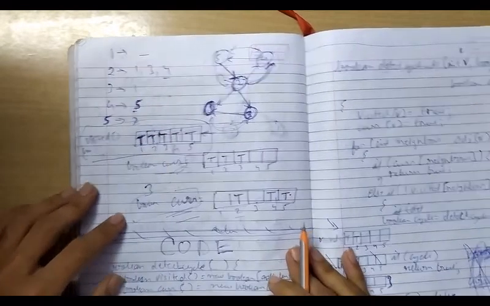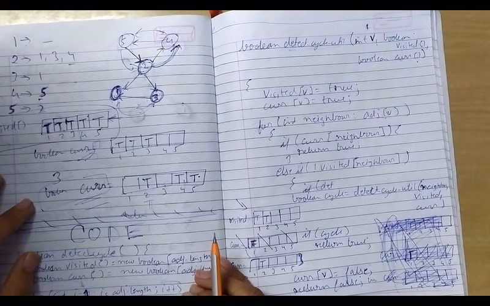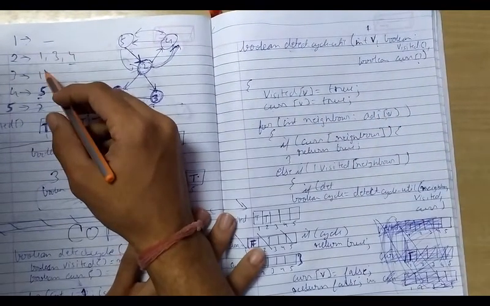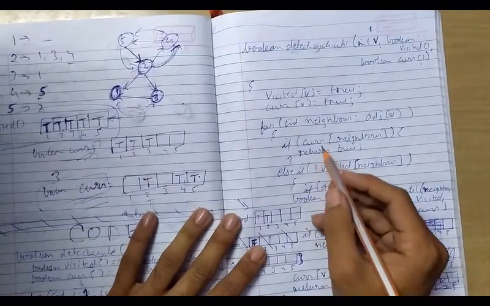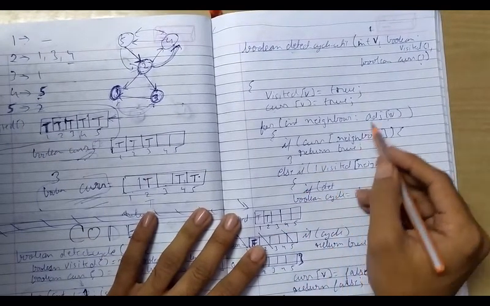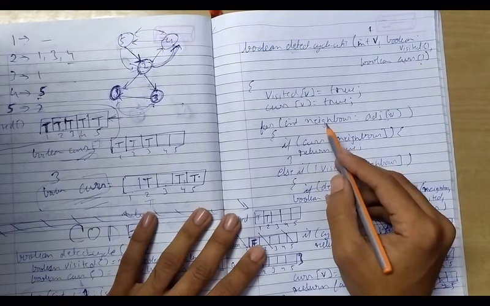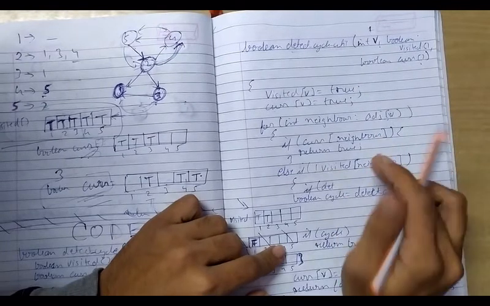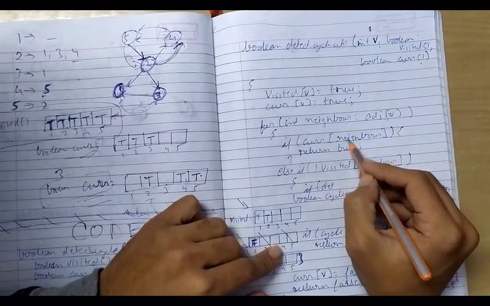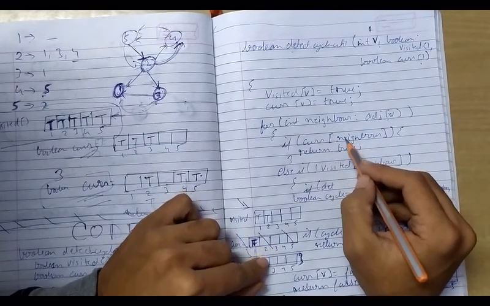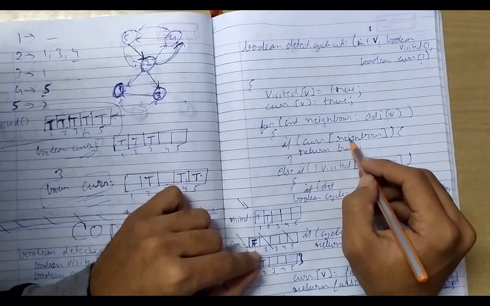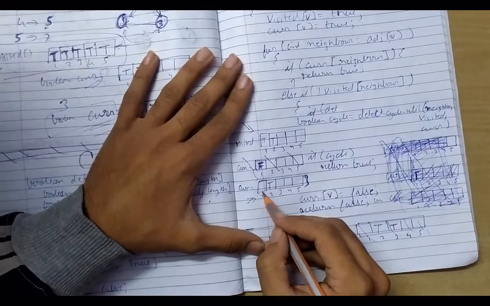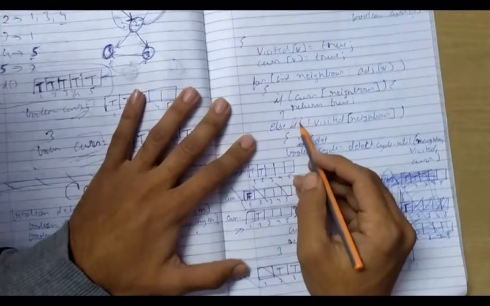Now from 2 it will go to 1. There are 3 neighbors of 2: 1, 3 and 4. So first consider the neighbor as 1. We will check whether current 1 is marked as true. No, it is not marked as true, so the if statement will not run.